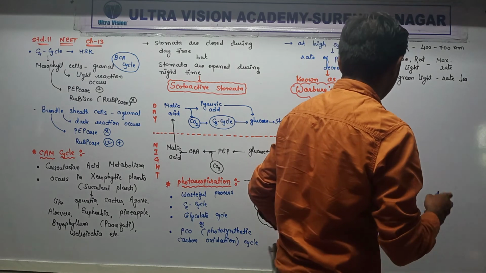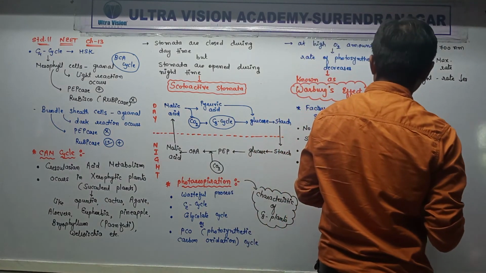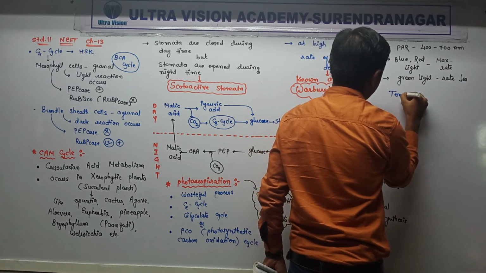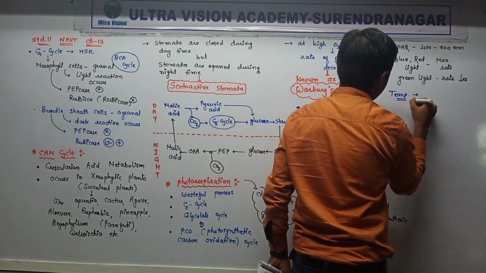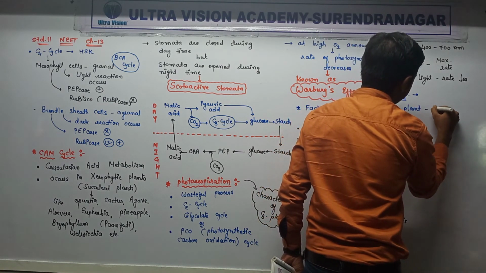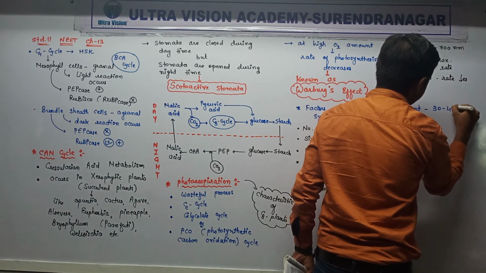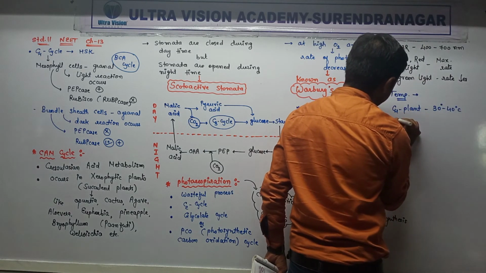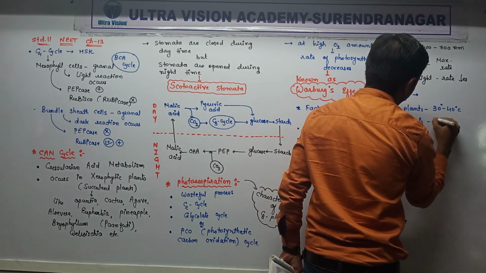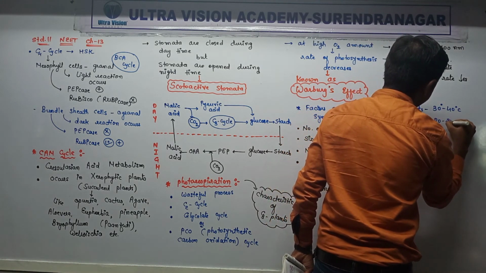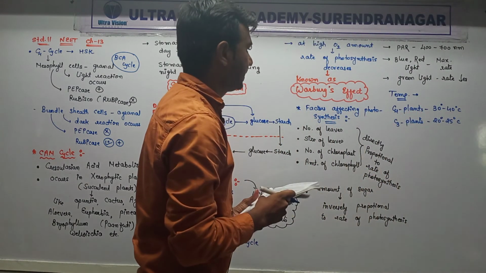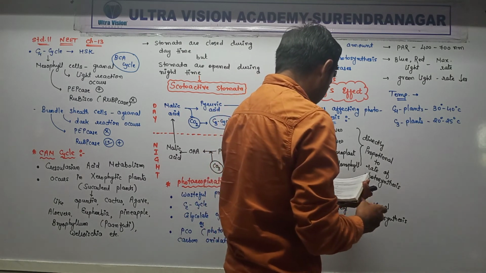C4 plants have optimum temperature 30 to 40 degrees Celsius, and C3 plants 20 to 25 degrees Celsius.